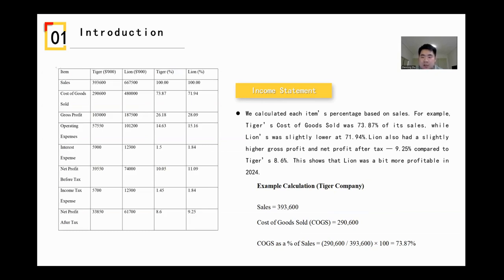Lion also had a slightly higher gross profit and a net profit after tax of 9.25% compared to Tiger's 8.6%. This shows that Lion was a bit more profitable in 2024.